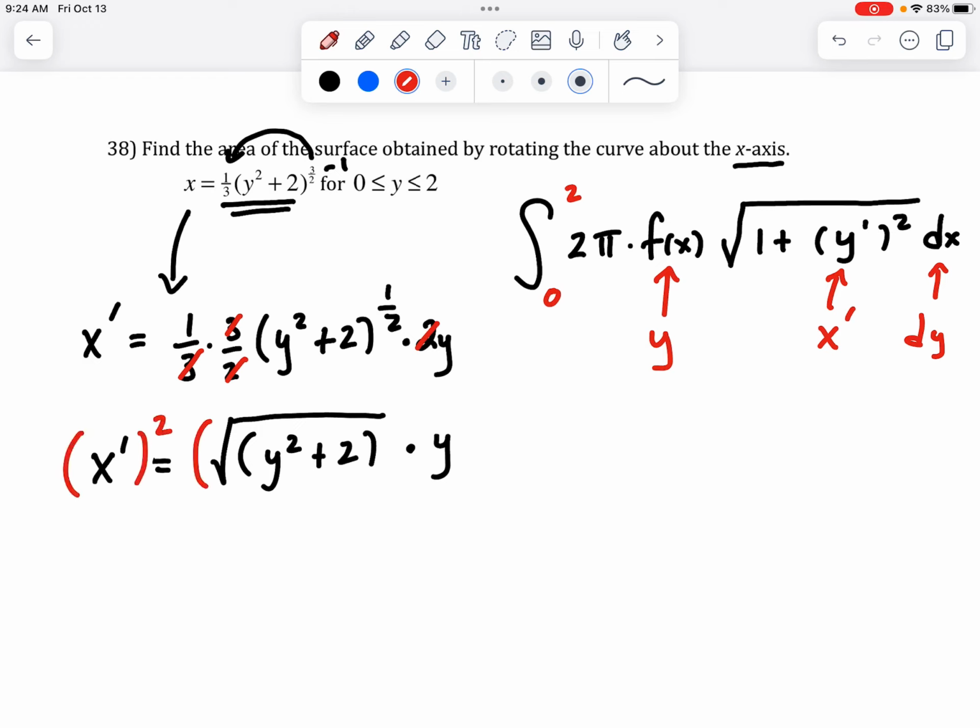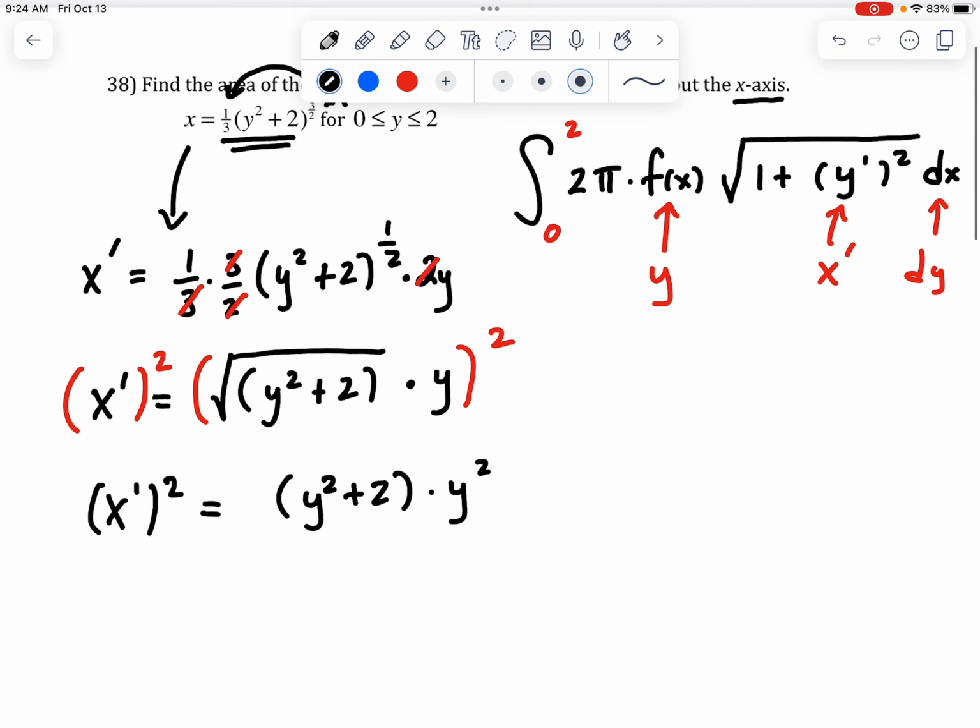So square both sides. We've got that x prime squared. Well, on the right side, the square and square root will cancel. So there's going to be y squared plus 2 without the square root, and then it's also going to be times y squared.